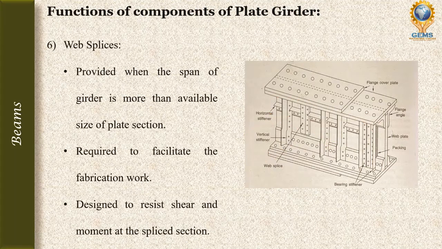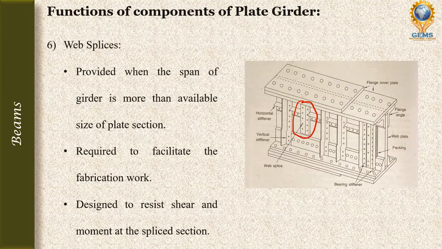The sixth component is web splices. This is the web splice. Splices in the webs are provided when the span of the girder is more than the available size of the plate section. Then we will use the web splices.